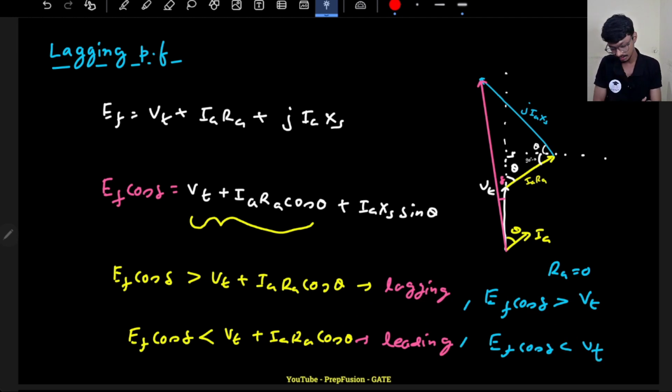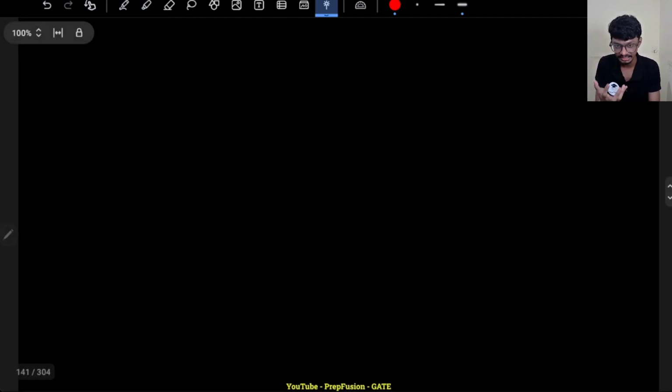So like this, you can remember that for leading loads, generally what happens is the terminal voltage is higher. For the same excitation, the terminal voltage is higher. So how can you remember?